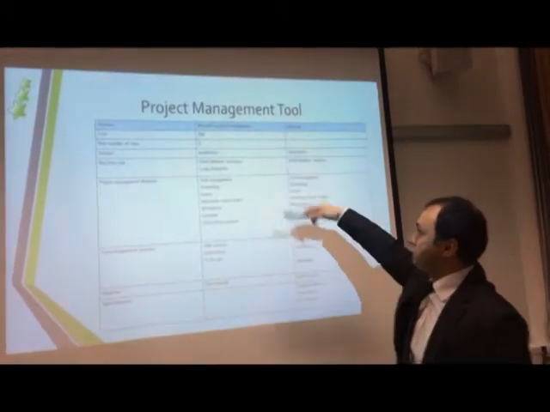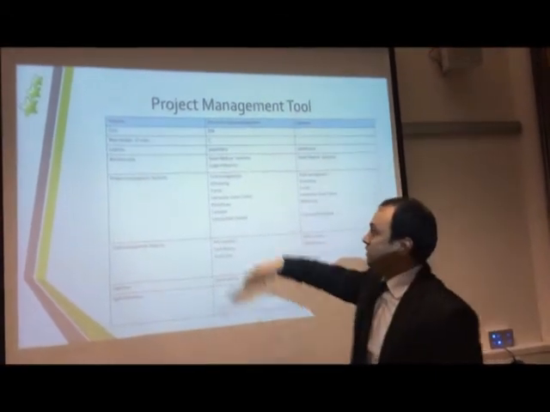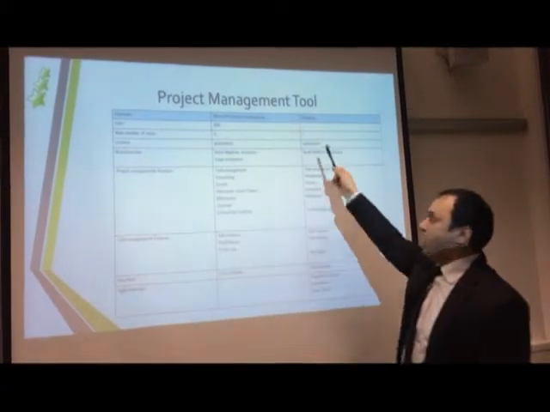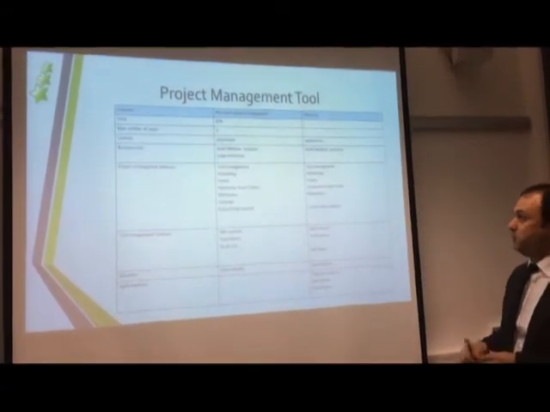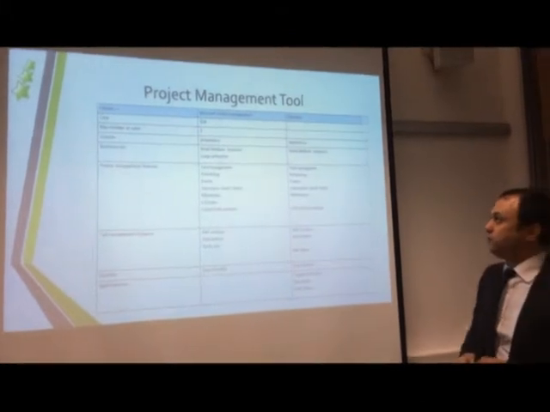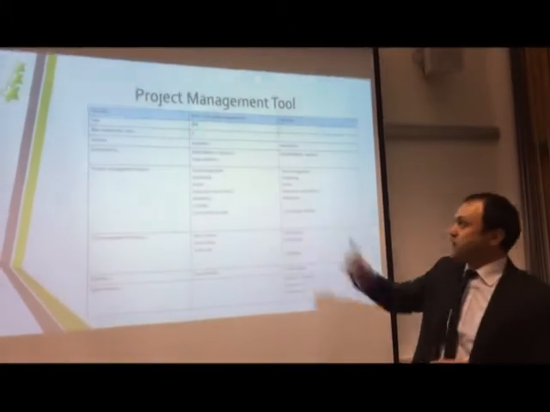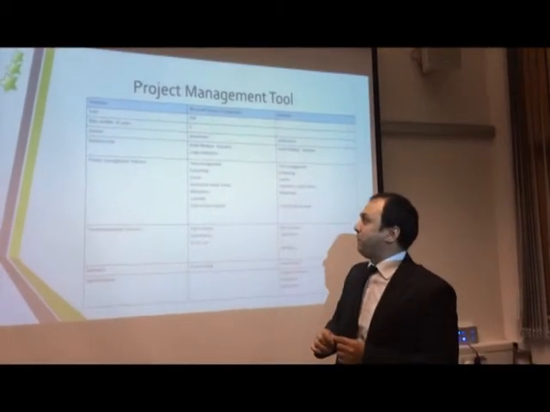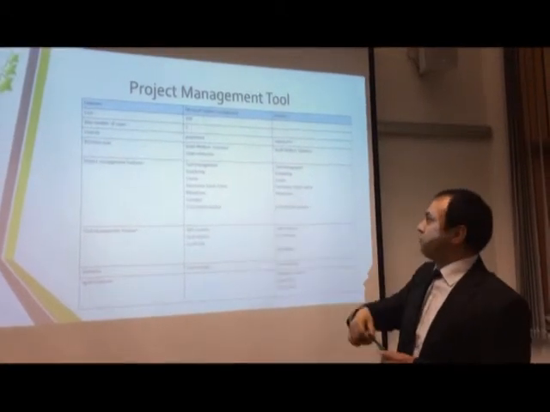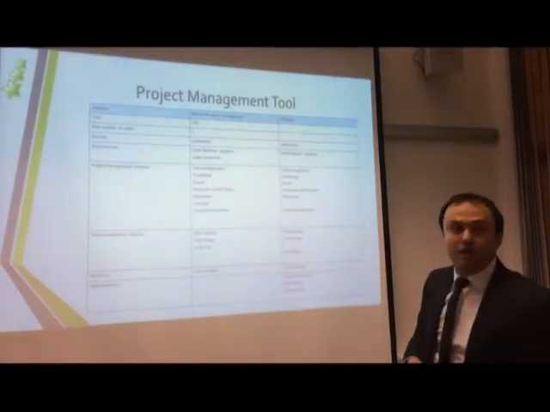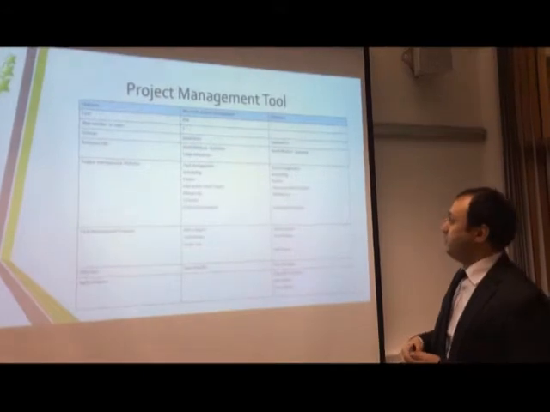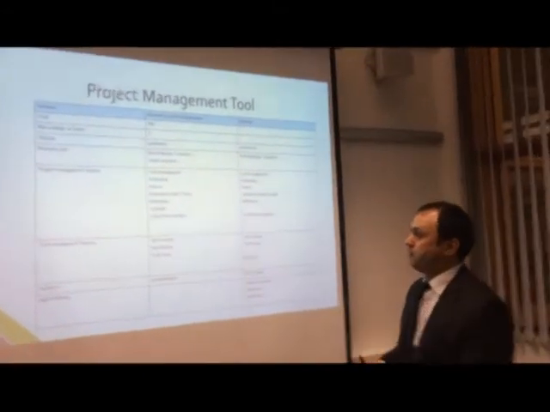We have here OpenProject, Microsoft Project, and the features. If we look at the cost, OpenProject is free, as I mentioned earlier, and Microsoft Project costs $58. The maximum number of users is limited in Microsoft Project, whereas it's unlimited in OpenProject.